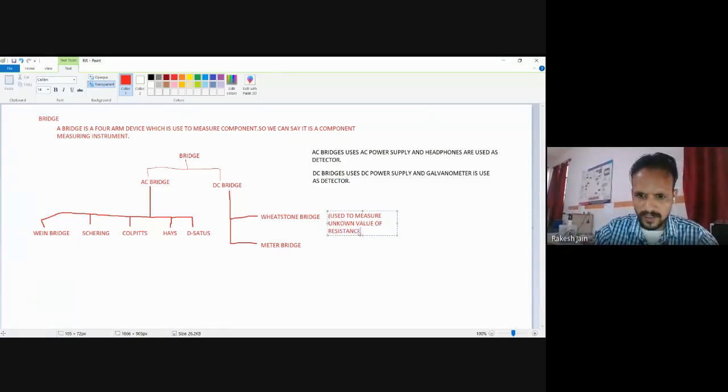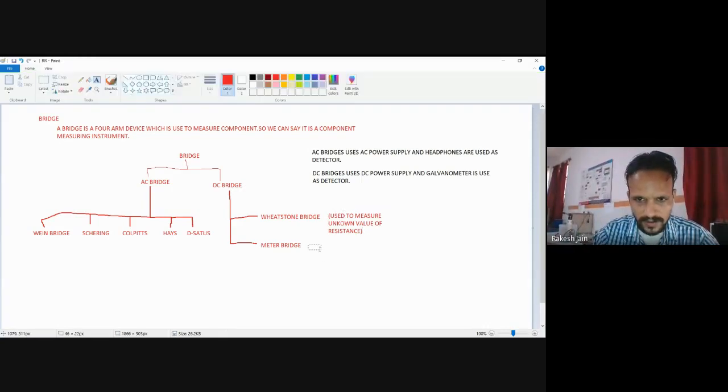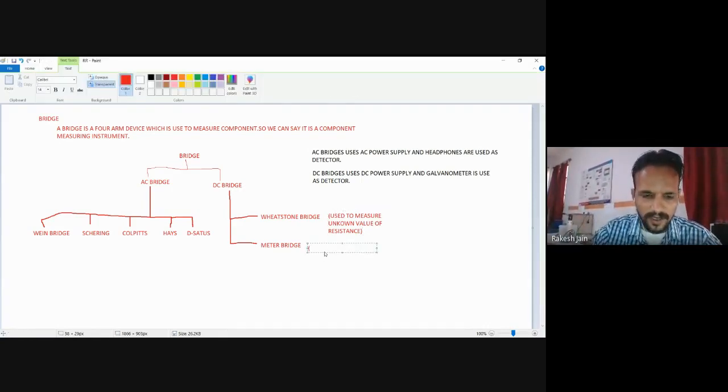The meter bridge is used to measure the resistance of a conductor, because a wire is a conductor. So conductor, or we can say wire.